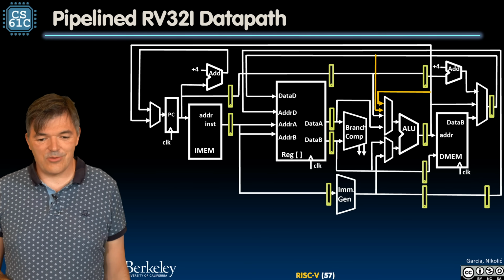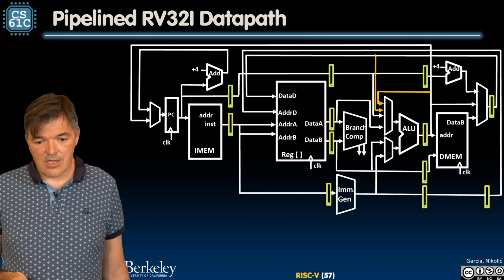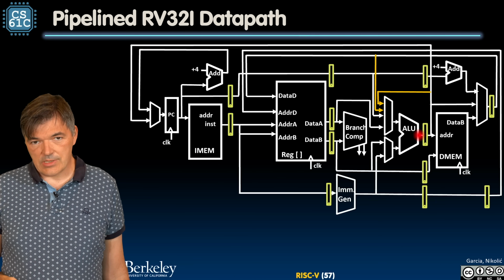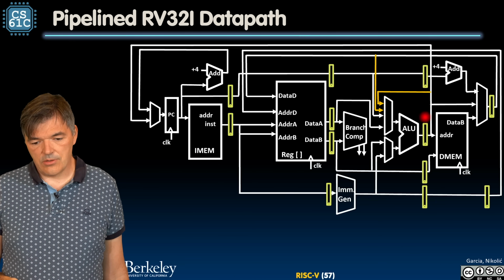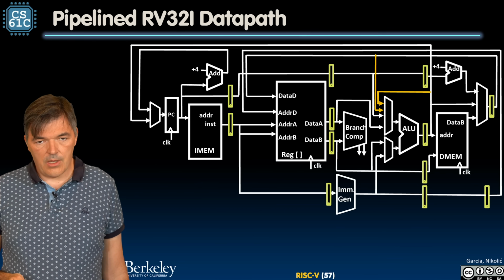They're bypassing for the next instruction. In this case, from the output of the ALU back to the input of the ALU after one cycle delay, and then after two cycle delays from the write back stage back to the input of the ALU.